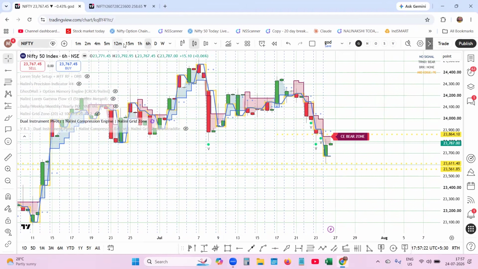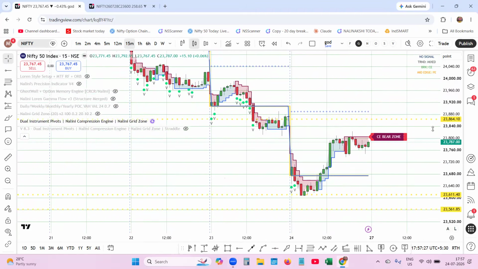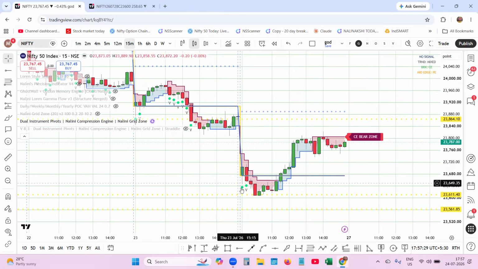Let me go to the 15 minutes and see that around this area, second 15-minute candle, a convergence started happening around the price of 23,643. Then I decide my straddle as 23,600 as my straddle, and I keep it in my watch list.